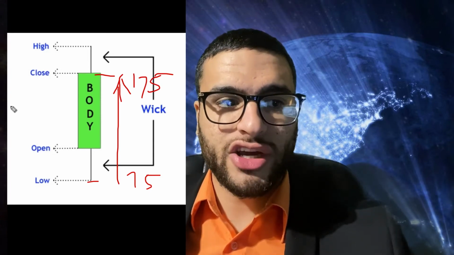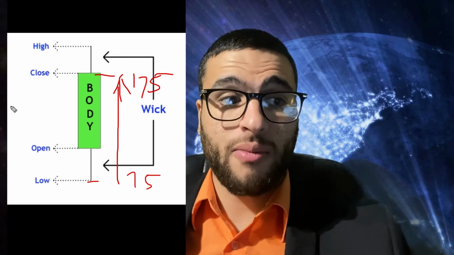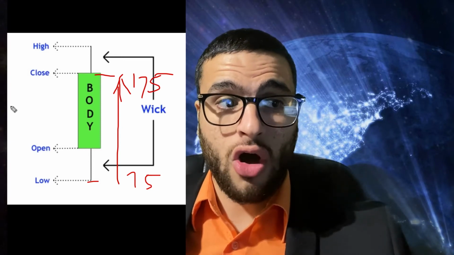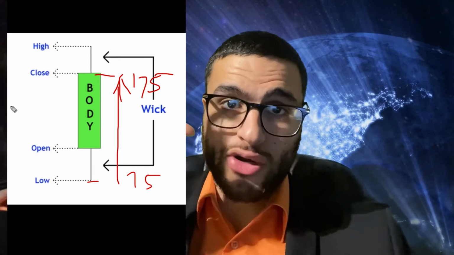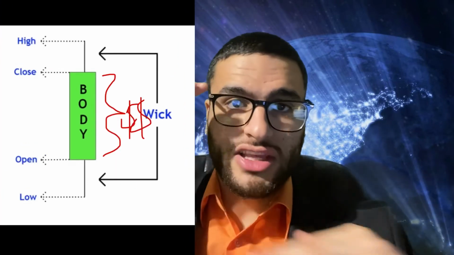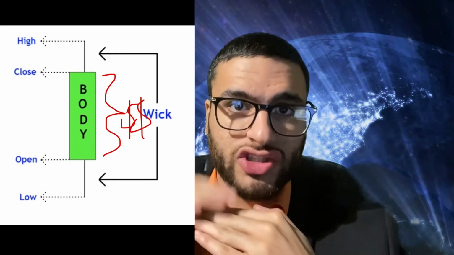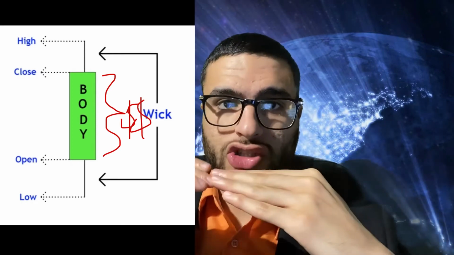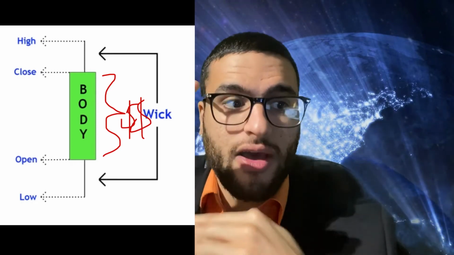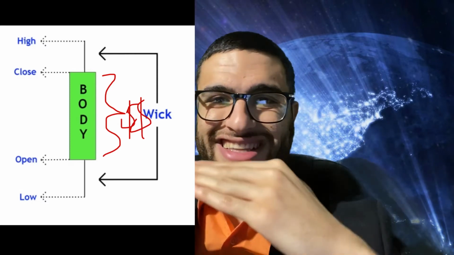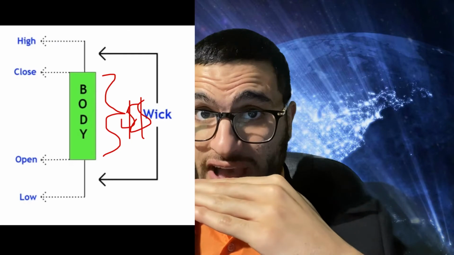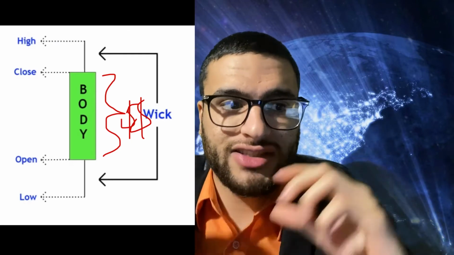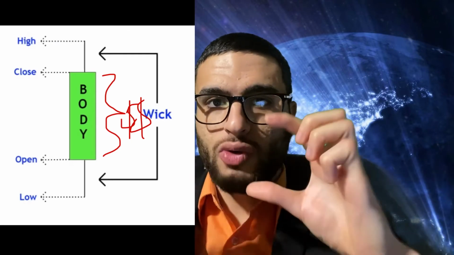Hence we get the green body, because it went from the open at $100 all the way up to $175. So we get that green chunk that the price covered from $100 to $175. However, we still get the tail from 75, because it did hit 75, even though it's empty from 75 to 100.